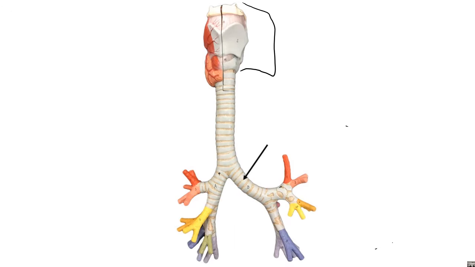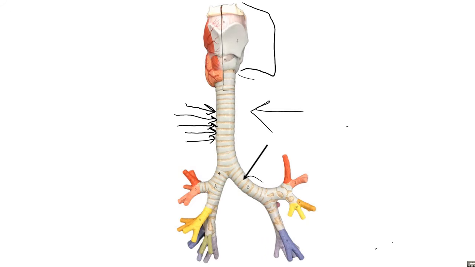Also looking at this, when we look at the trachea, this tube that leads down into the thoracic cavity, we can see that it's made of alternating cartilage and ligaments, right? So each of these C-shaped cartilages, they're more blue in color. Those are called tracheal cartilages.